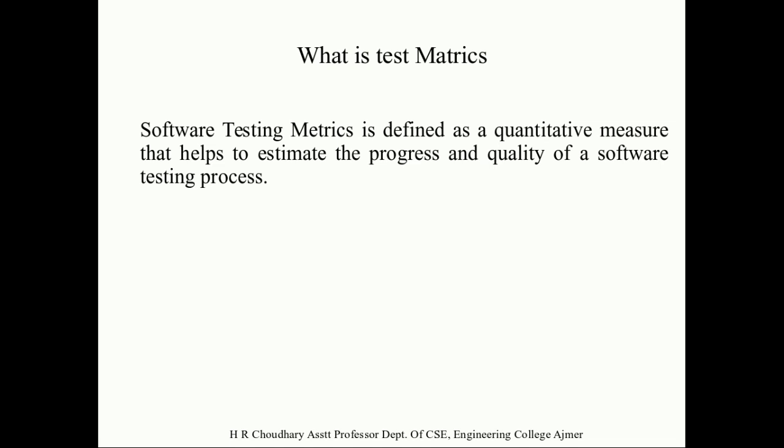What is test metrics? We can see here the definition. Software testing metrics is defined as a quantitative measure that helps to estimate the progress and the quality of a software testing process. So it is basically a quantitative measure that can help us estimate the progress, quality, and health of the software testing effort.